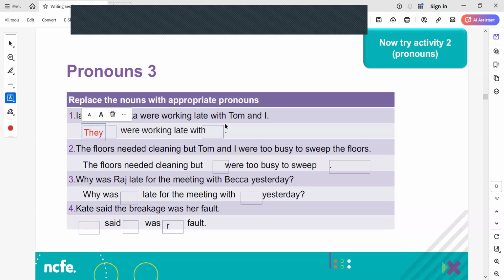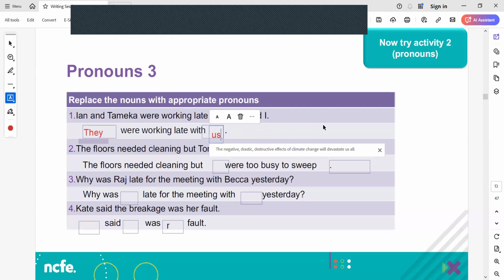Good. They were working late with Tom and I. With them. So Tom and I. So you're talking about yourself as well. With them. Not them. No, with us. Us. Good, well done. That's okay.